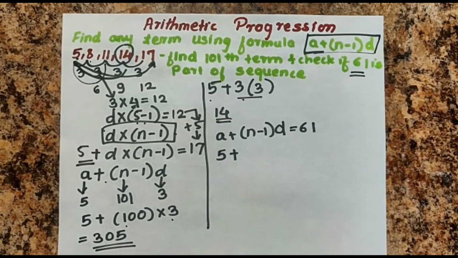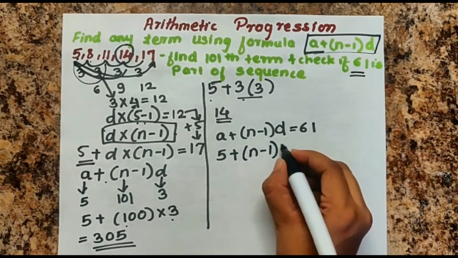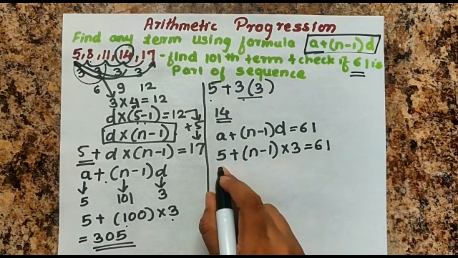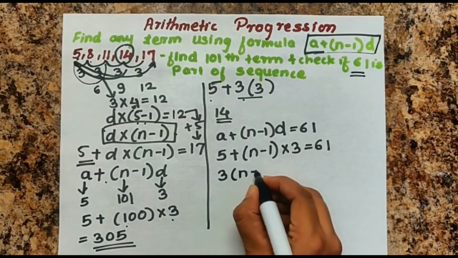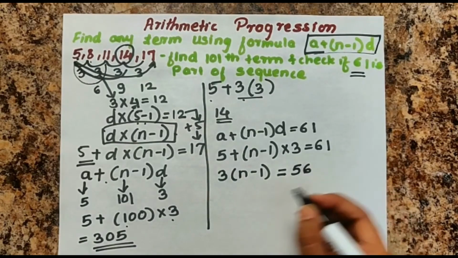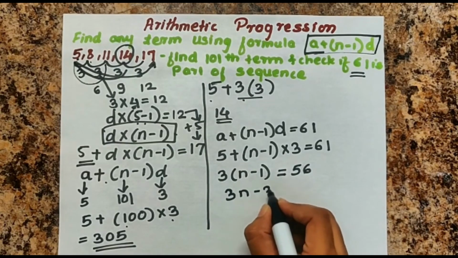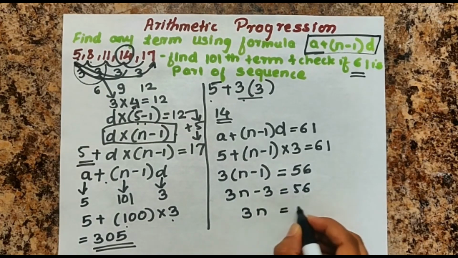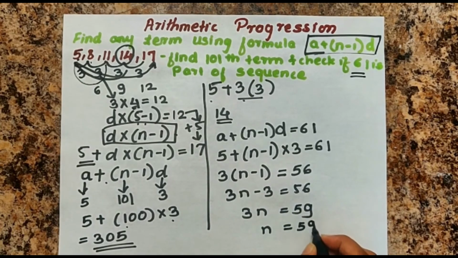So let's keep n as it is, n minus 1, and the difference is 3, equal to 61. So plus 5 will become minus 5, and I'll keep the rest as it is, so it will become 56. This becomes 3n minus 3 equal to 56, which becomes 3n equal to 59 and n equal to 59 upon 3.